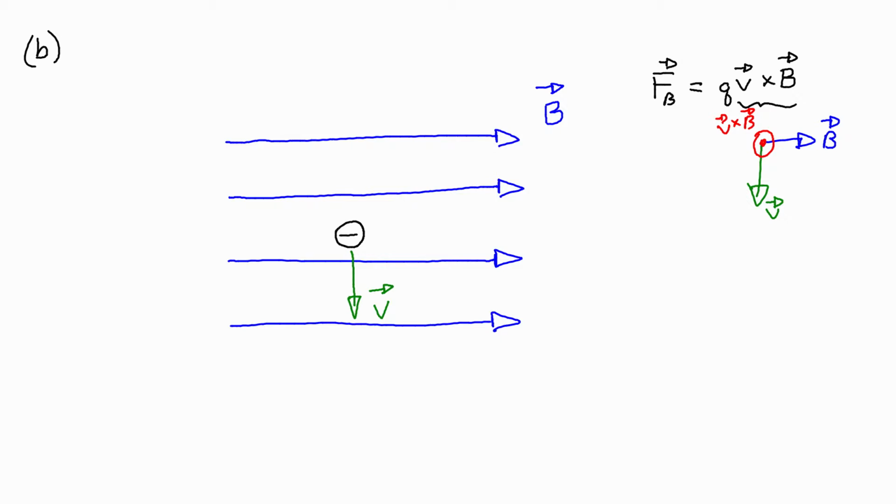So what I end up getting is that the force F of B is equal to some negative value times this direction, which was out of the screen, which means that the force direction is actually going to be into the screen.